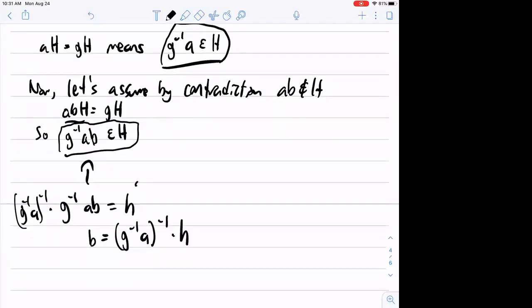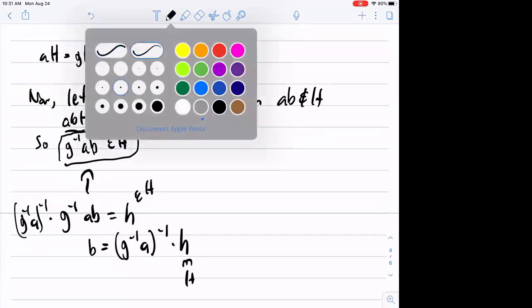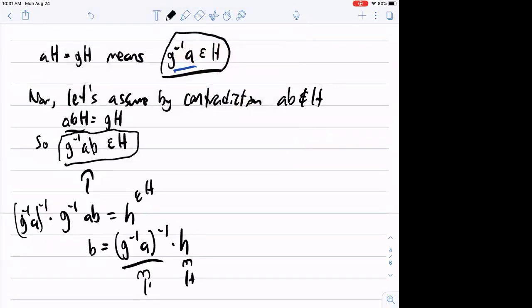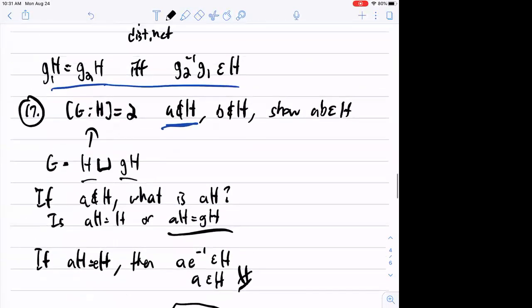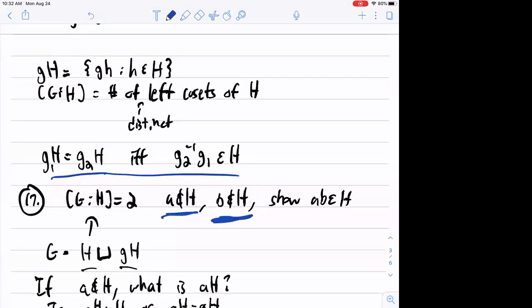This element's in H, and h is in H. From here, G inverse A is in H. But if G inverse A is in H, H is a subgroup, so it has its inverse, and the inverse belongs to H. So this whole thing is in H. That would mean B is in H, right? Because H is a subgroup, it's closed under the operation. And that's a contradiction because we assumed B did not belong to H.